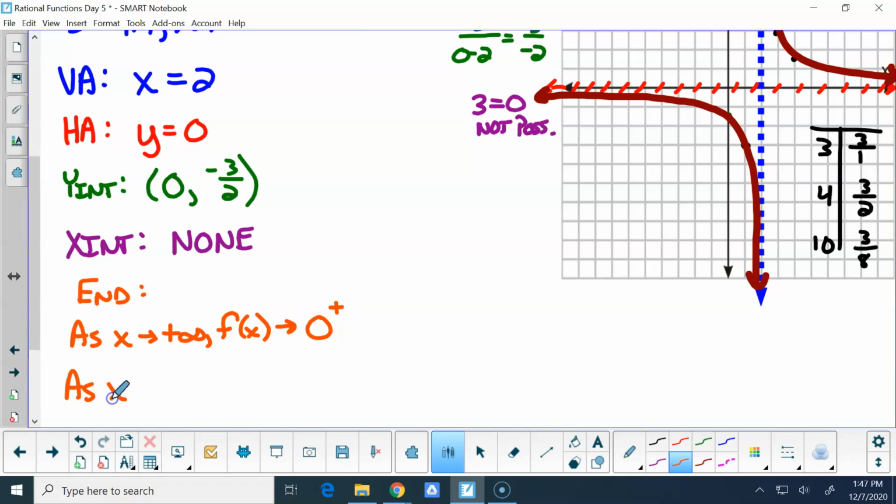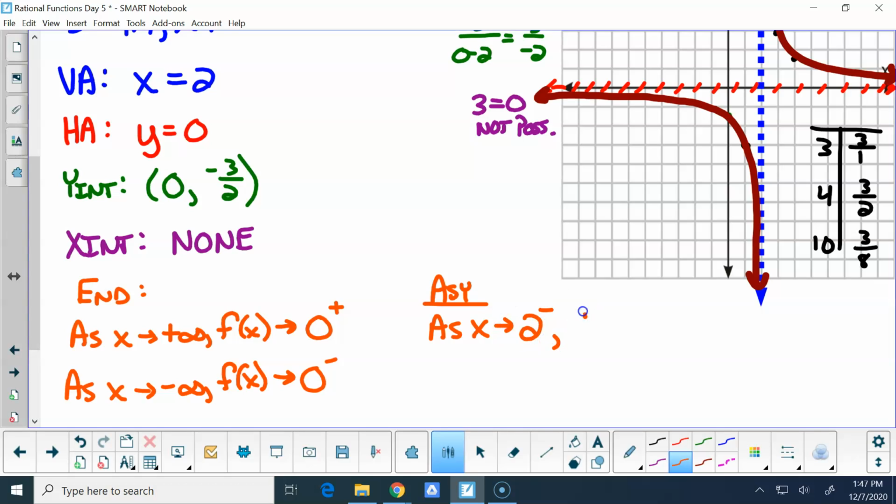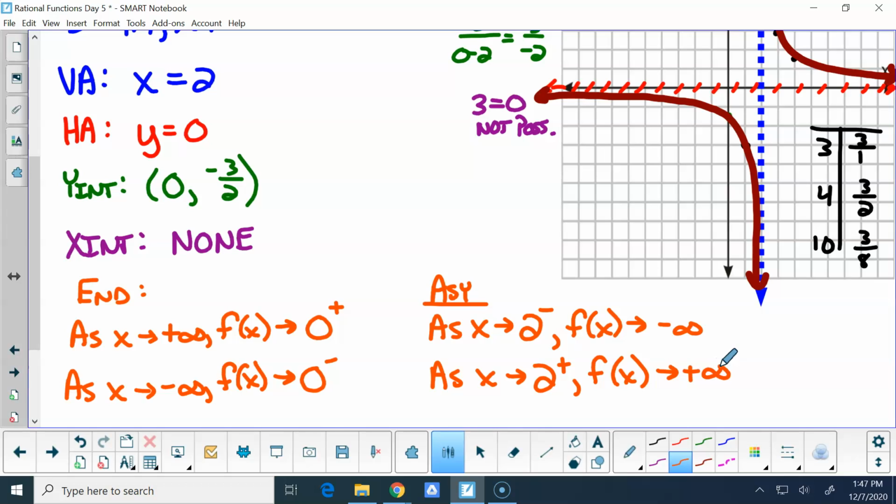As x is approaching negative infinity, my function is approaching 0 from below. My asymptotal behavior: as x is approaching 2 from the left, my function is approaching negative infinity. And as x is approaching 2 from the right, my function is approaching positive infinity.